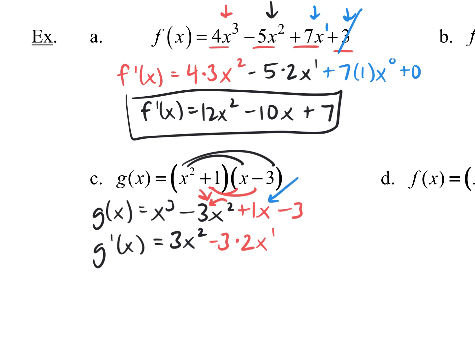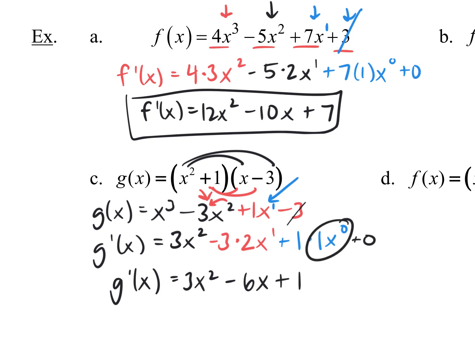For my 1x, I've got technically to the first power there, so technically it's 1 times 1, x to the 0 power. And then what is the derivative of just a number? 0. So this would give me 0. Okay? And if I simplify this, I get... That's exactly right. And I don't need this 1x to the 0 piece because x to the 0 is 1, right? So 1 times 1 is 1. So your final answer here is right there.